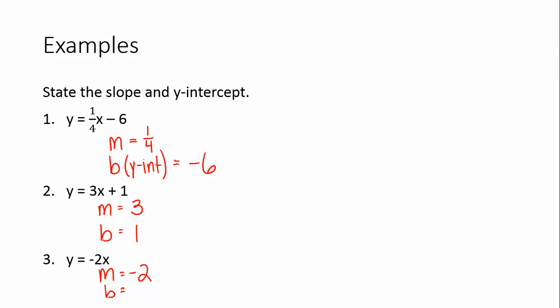You'll notice here there is nothing back there. That does not mean that the line does not cross the y-axis. What that means is that we could write a plus 0. So this line actually crosses the y-axis at 0. If you think about where that is on a graph, that would be the origin. That's where y is 0.